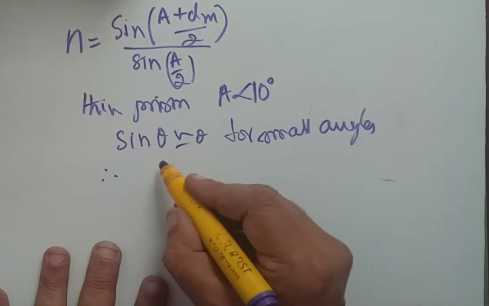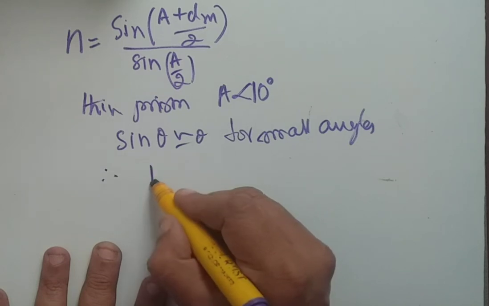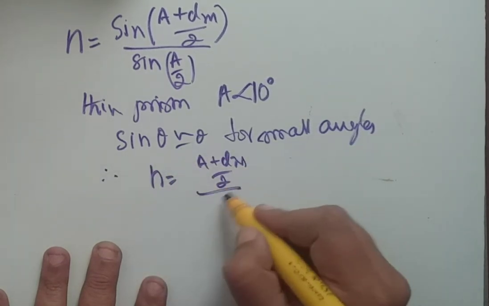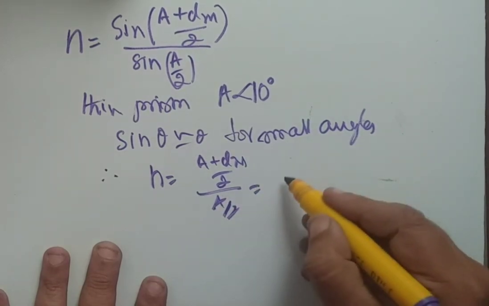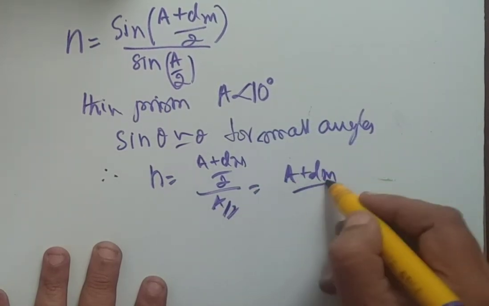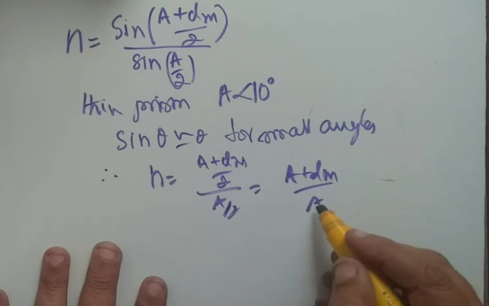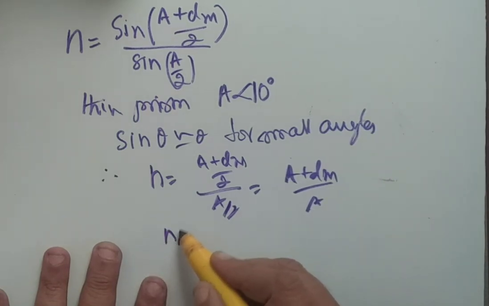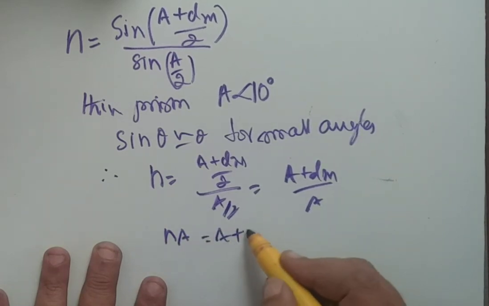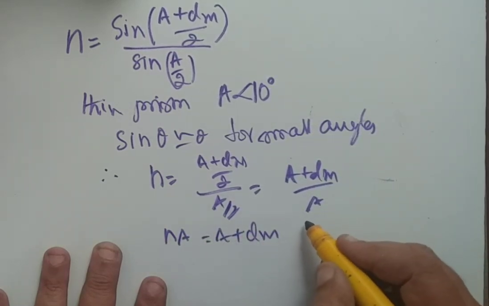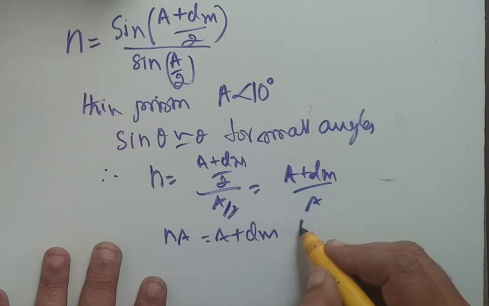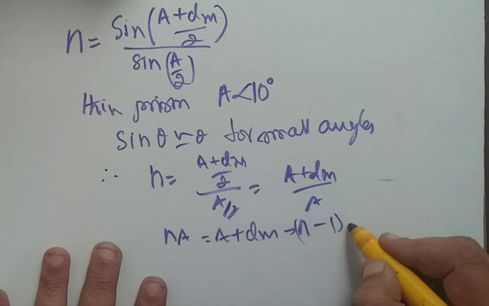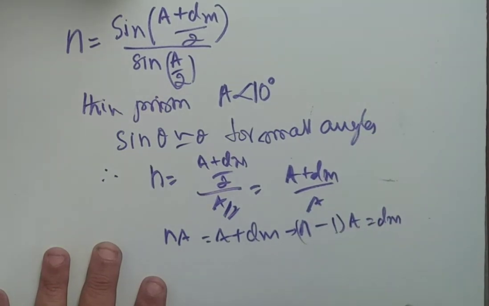Therefore, n can be written as A plus dm by 2 over A by 2 for small angles, or A plus dm by A. Using this, we can write n into A equals A plus dm, or n minus 1 into A equals dm.